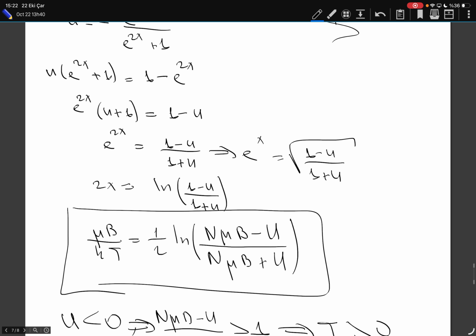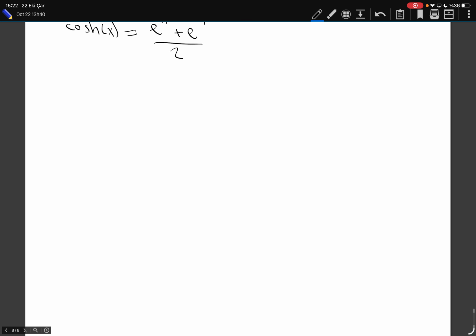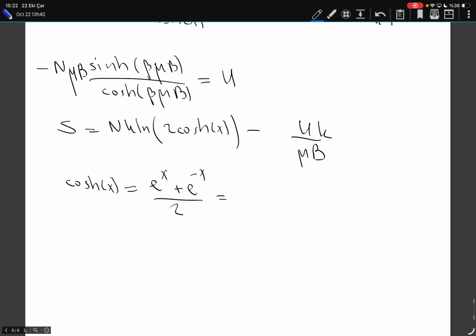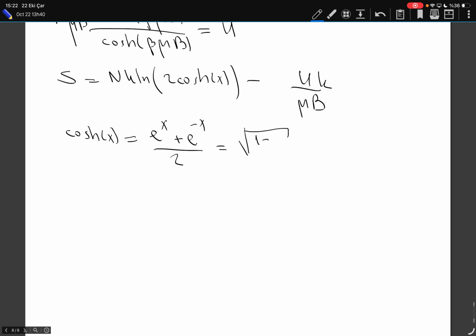This is e to the power x: the square root of 1 minus U divided by 1 plus U, plus the square root of 1 plus U divided by 1 minus U, divided by 2.